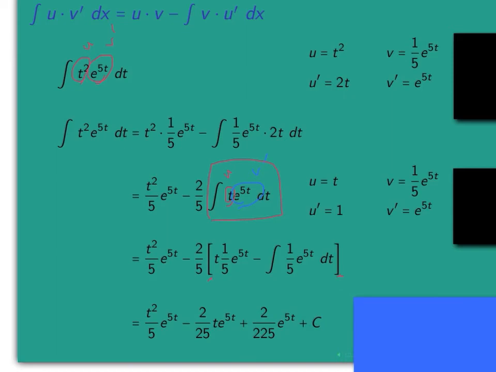The important thing here to notice is that I've finally gotten to a point where I can easily anti-differentiate 1/5 e to the 5t. That antiderivative is essentially here, except I've cleaned up by also multiplying by minus 2/5. Okay, so I'll let you make sure that you believe that I got the right answer here. From here to here was simply evaluating this antiderivative and then distributing the minus 2/5 and cleaning things up.